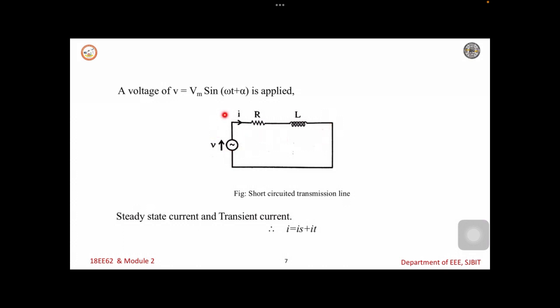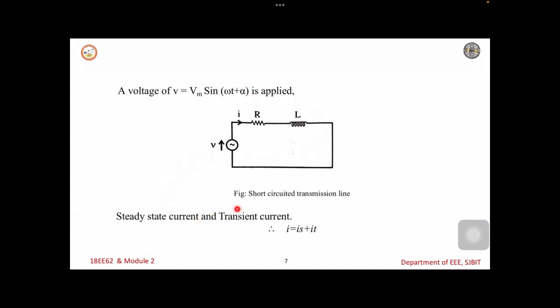The constant voltage source is AC, so V is equal to Vm sin(omega t plus alpha). Here Vm is root 2 into V, where V is the RMS value, omega t is the phase angle of the input voltage, and alpha provides the way to control the timing at which the short circuit occurs.